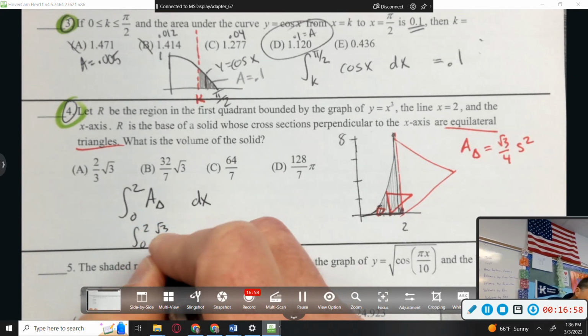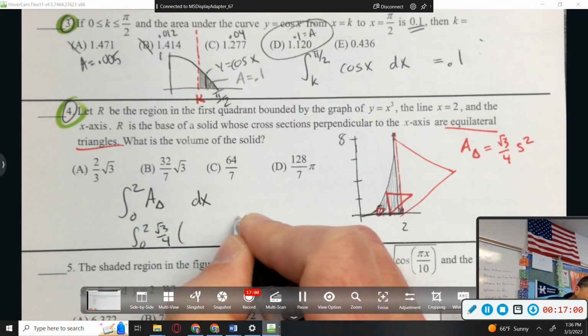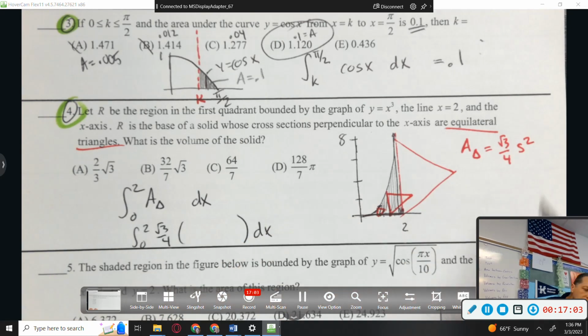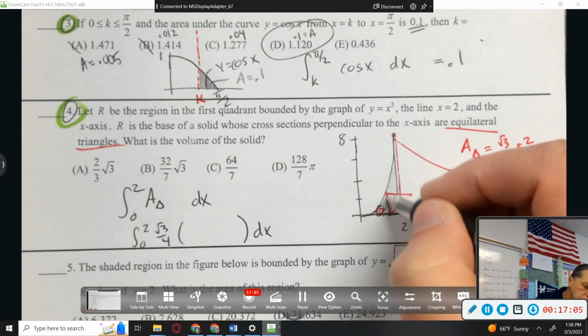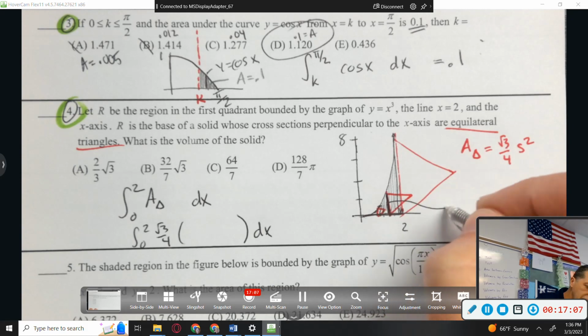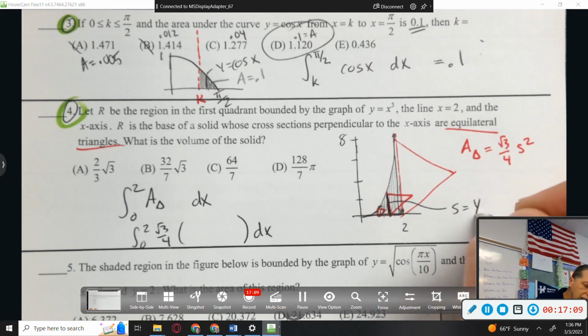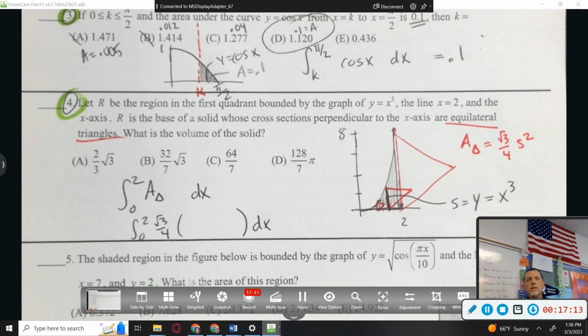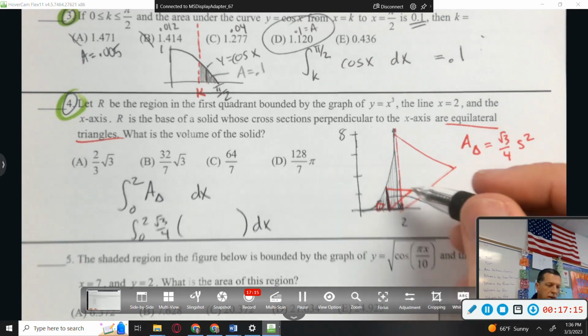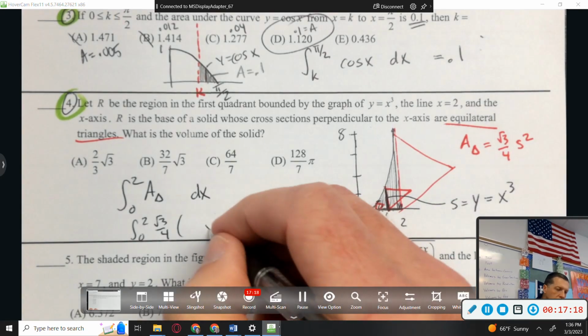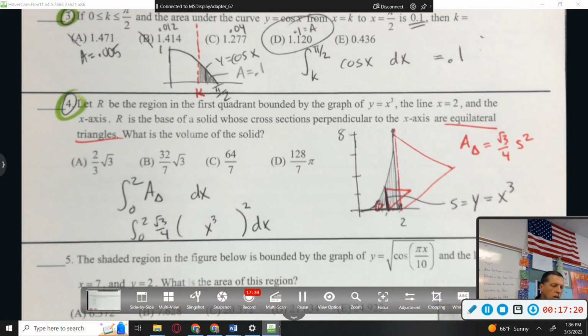Integral from 0 to 2 of root 3 over 4, and then I need some expression for s. That s is that height, y, and that height is x cubed. Top minus bottom, x cubed minus 0. So I feel like that one wasn't terrible.